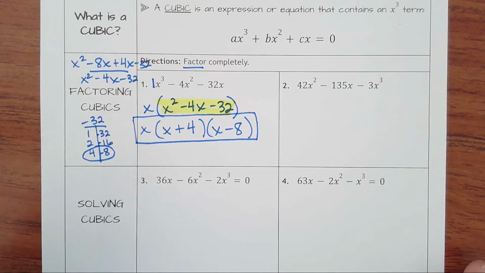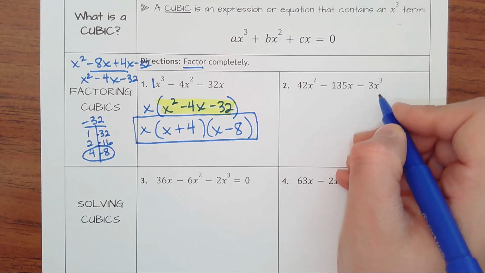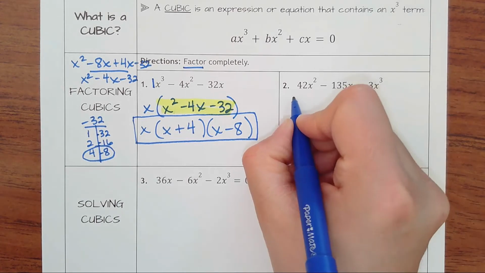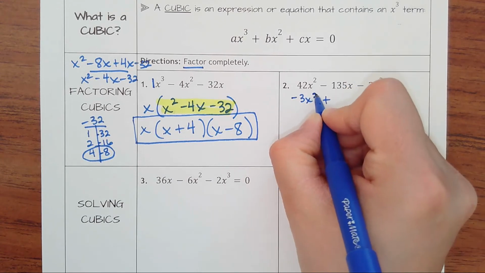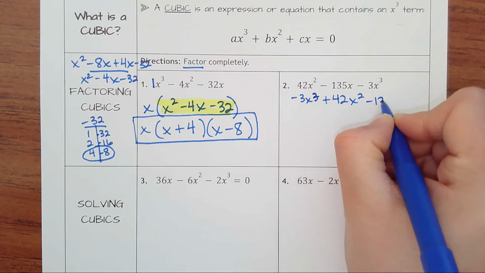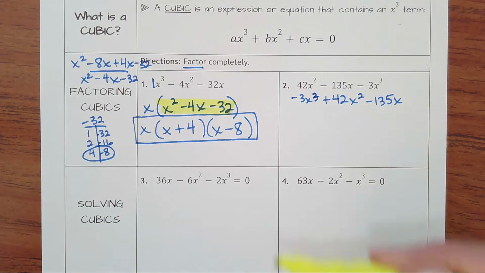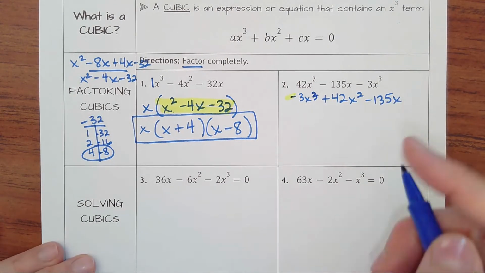All right, number 2. Let's check for a GCF. First, I actually want to put these in order from the biggest exponent down. So I'll put -3x cubed, then my positive 42x squared minus 135x. So again, when this leading coefficient's negative, I take a negative out with whatever number or variable.